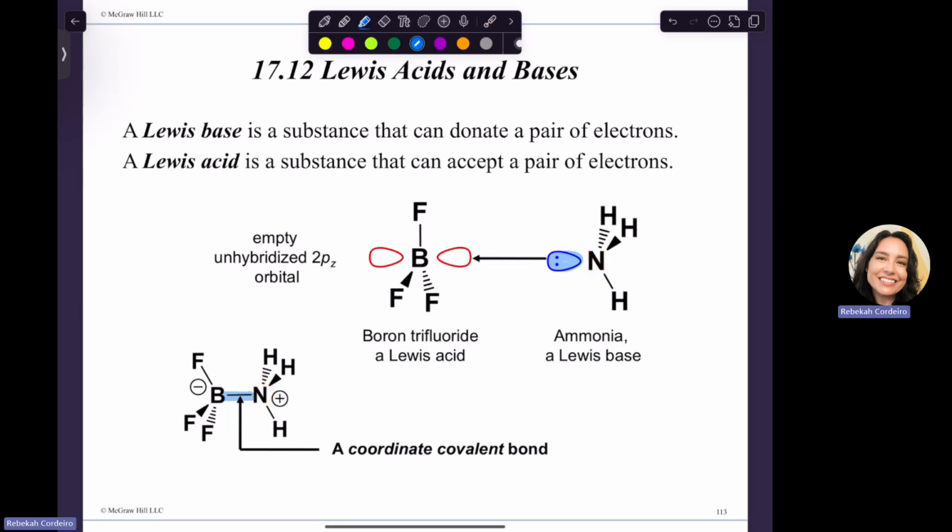And how the boron did not have any electrons on it, and now it has extra electrons on it, so it accepted the bond, which is accepting those electrons. So a Lewis acid here is accepting and a Lewis base here is donating, but it's electrons, not hydrogen ions that we're accepting and donating. So just draw Lewis structures and just see who gave up their lone pair and who accepted a bond.